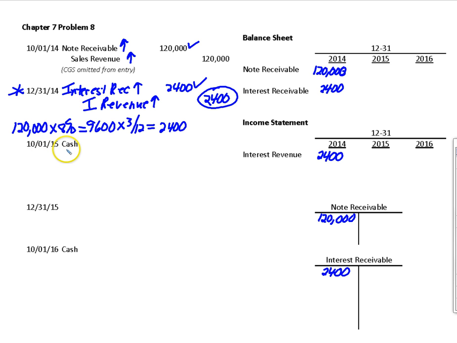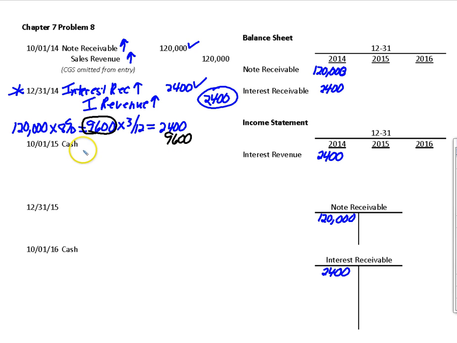It's October 1. Now they will receive half of their interest payment. So they're going to get cash for a whole year. They're going to get $9,600. Let's change colors. Let's move to black for the second year. So in the second year, since they issued the note on October 1, a year later they're going to get 1 year's worth of interest, this $9,600.